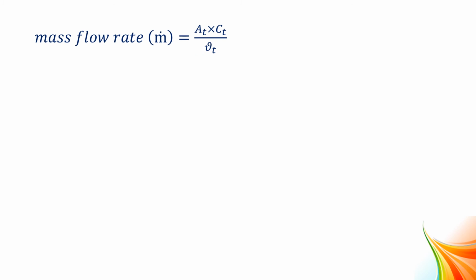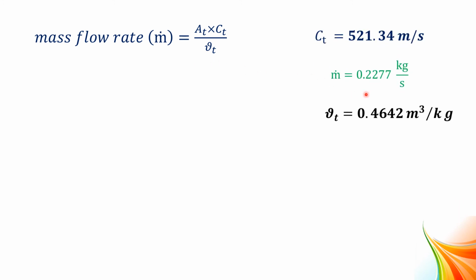Now we know the equation for mass flow rate, m dot equal to At Ct divided by Vt. Mass flow rate is given in the problem, which is 0.2277 kg per second. Ct and Vt values already we have found out. Substituting these three values in the mass flow rate equation, we can get the unknown value At.